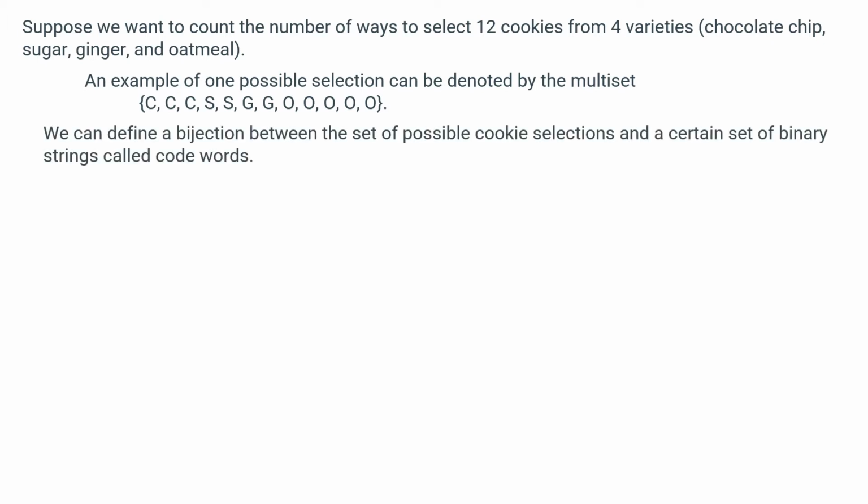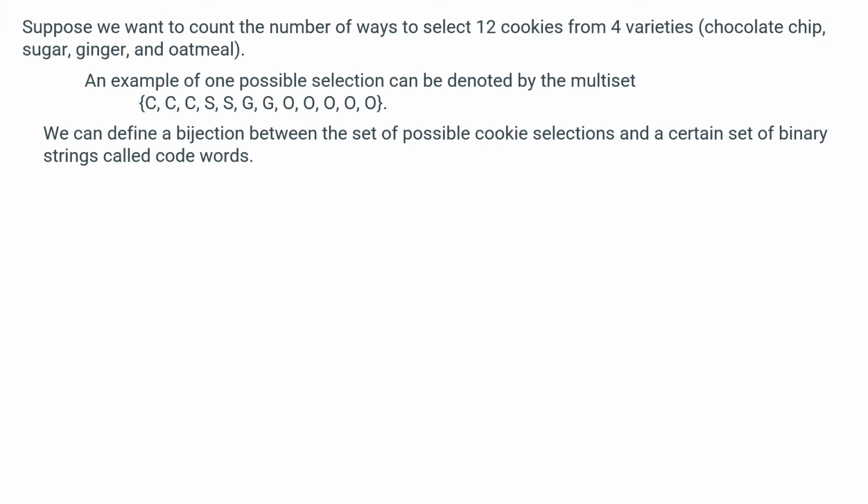So what we're trying to do is count the number of ways that we could make this selection. What we're going to do is define a bijection between the set of possible cookie selections and a certain set of binary strings that we're going to call code words. Remember that we know how to solve a lot of problems involving binary strings, and so what we've been doing lately is taking a situation and finding a bijection between that situation and binary strings.